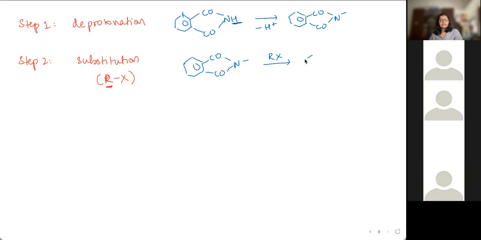On introducing RX, you get this N-R. So you're one step closer to your amine, you have your alkyl group and you have your nitrogen. Then third step is hydrolysis, which is what is introducing your hydrogen.